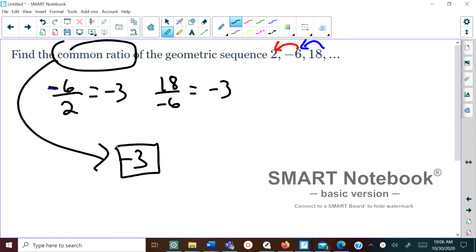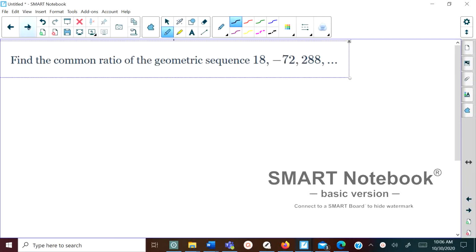Alright, now take a look at this one to see if you can find the common ratio. Alright, you got bigger numbers here, but the process is still the same. We're going to take this and divide it by that, and then take this 288 and divide it by -72.